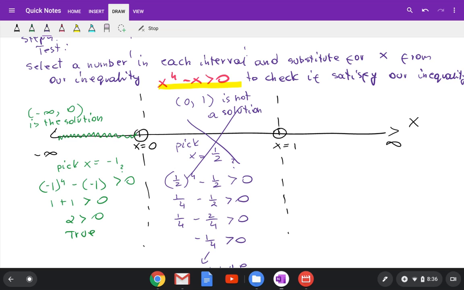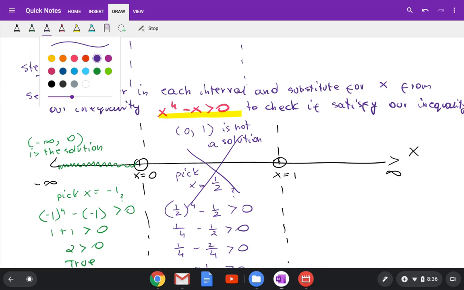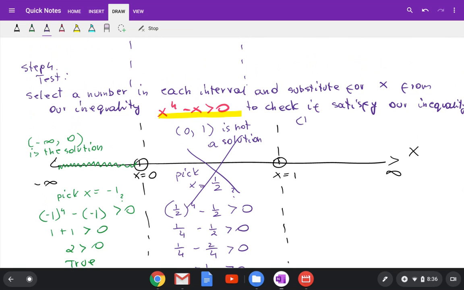And next, I'm going to do the same type of work for the last interval. The last interval is from 1 to positive infinity. So you're going to pick any number which belongs to that interval. I'm going to pick x equals 2. And I will go back to the inequality, plugging in 2 for x.